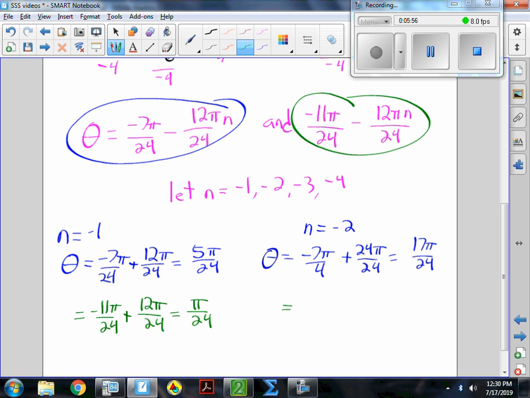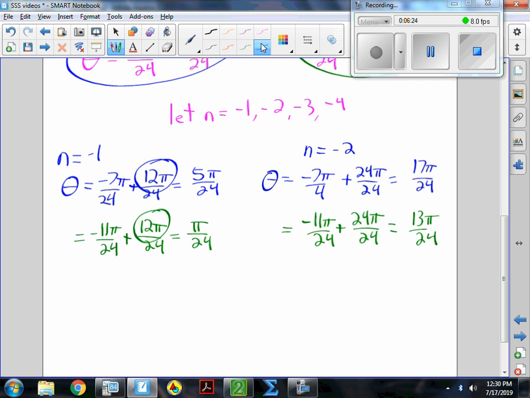And for n equals negative 2, I have negative 11 pi over 24 plus 24 pi over 24. So that's 13. So the blues are going to be going up by 12 pi over 24 each time. The greens are going to be going up by 12 pi over 24 each time.